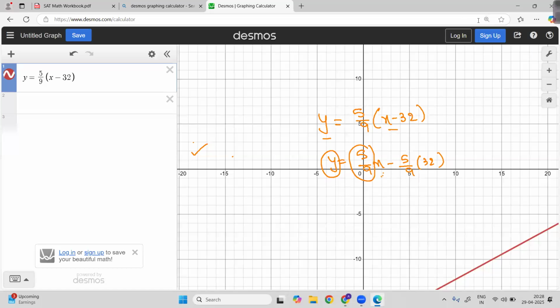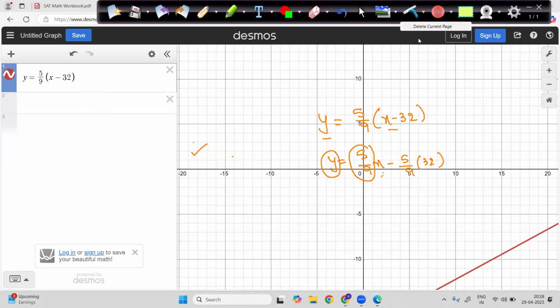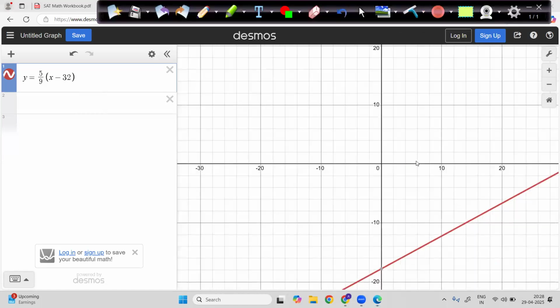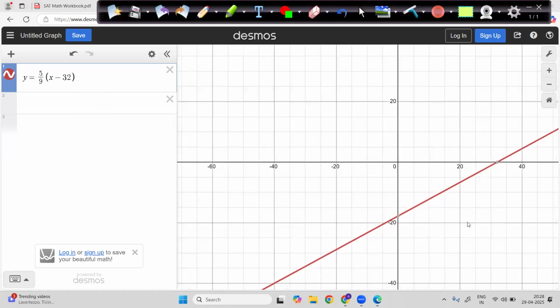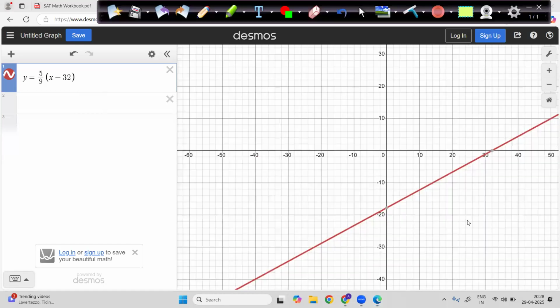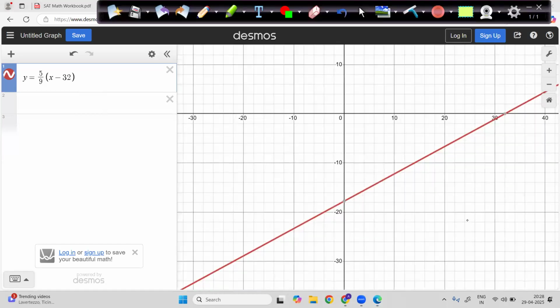I'm just trying to graph it. Yeah, it came down. Sorry. So you can see here, when x is equal to 0, y is minus 18.